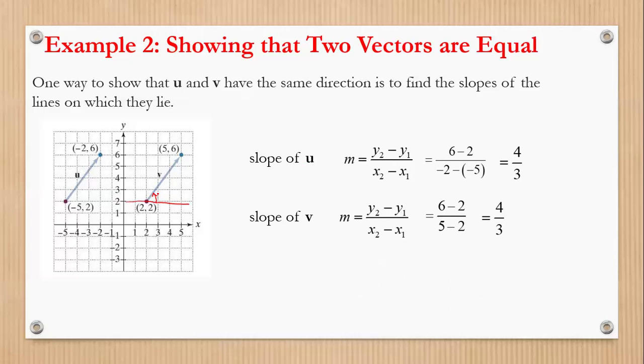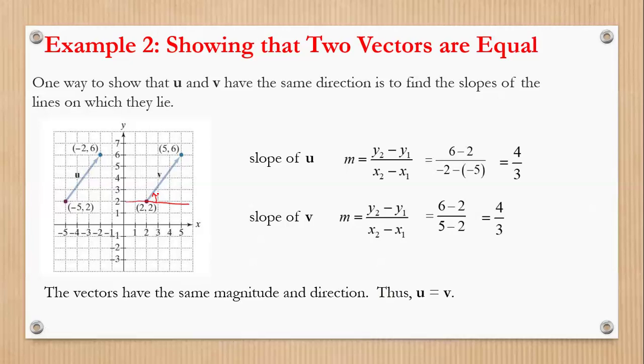When two lines have the same slope, that means the angles they create with the x-axis are the same. That means they have the same direction. So now we verified that the two vectors are equal because we showed that they have the same magnitude and the same direction.